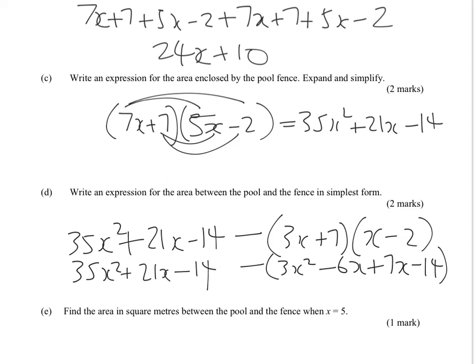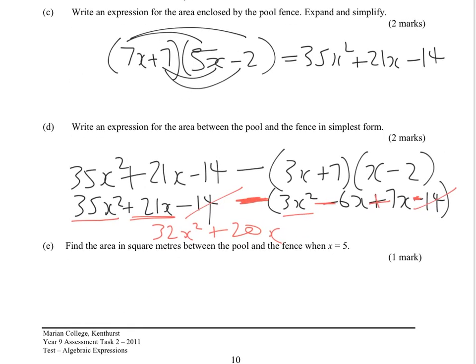Now we are going to do 35x squared minus 3x squared, which gets us 32x squared. We have 21x minus 6, that's a plus, so that's 27. Then minus plus, which is a minus 7, therefore we're left with 20x, and minus 14 minus, which is a plus, they cancel each other out, and that is our expression.